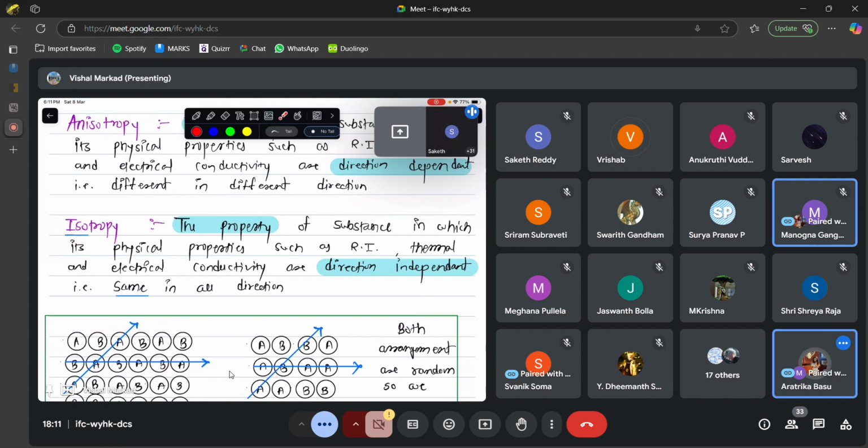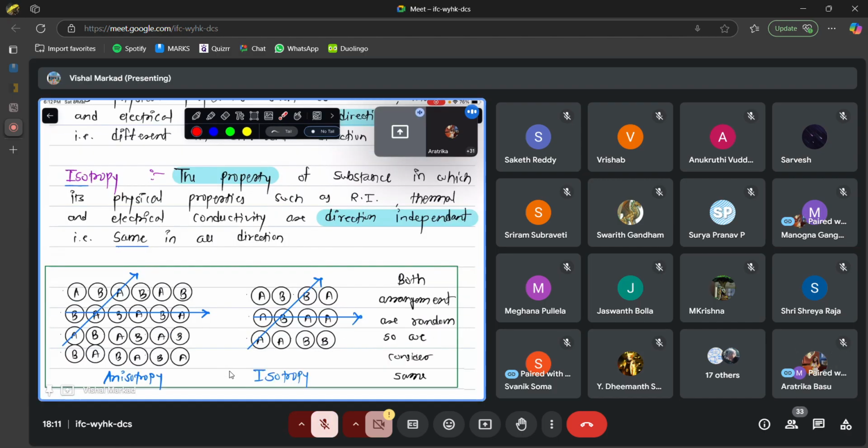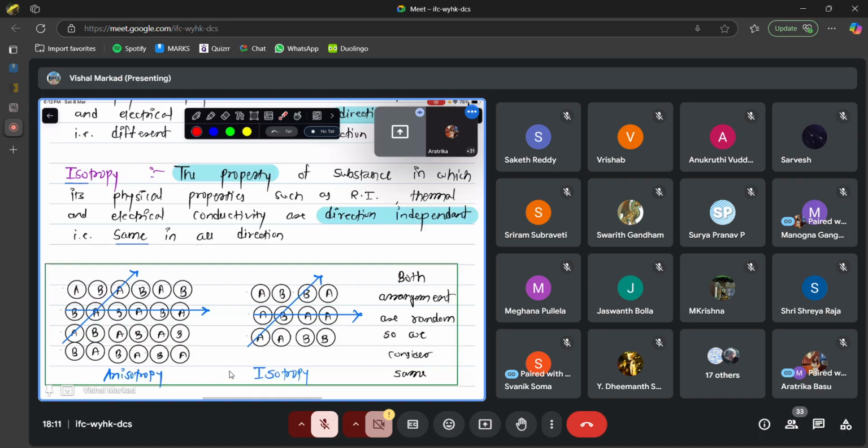So can I say it is direction dependent? In this direction there is one property, while in this direction there is another property. So the properties are direction dependent. Now, which arrangement is this? Is it crystalline or amorphous? If you see the entire crystal proper, it is crystalline.